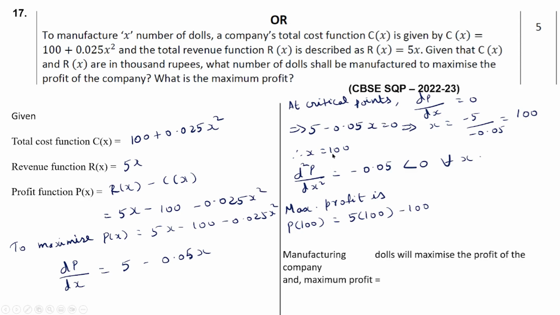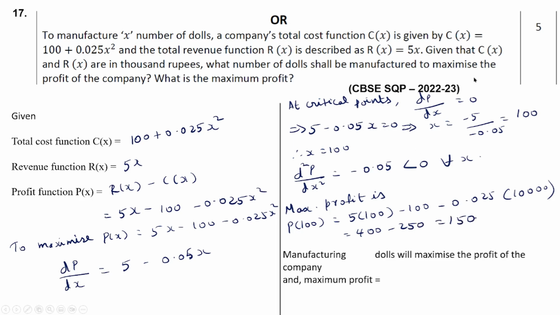We have to put x as 100 in this profit function. Minus 0.025 into 100 square, it is 10,000. So this is 500 minus 100, 400 minus 250. So 400 minus 250 is 150.